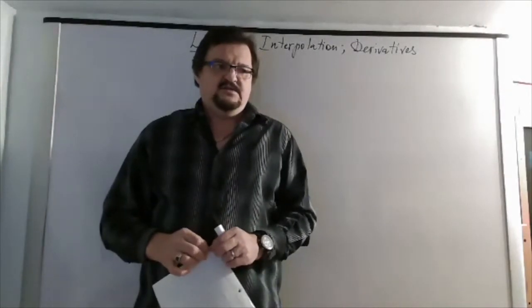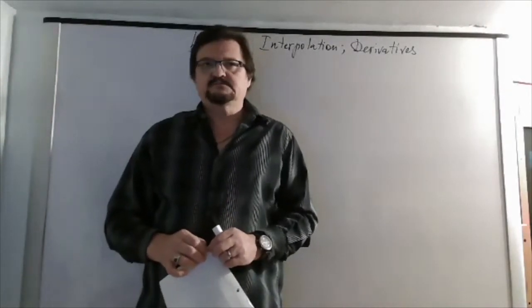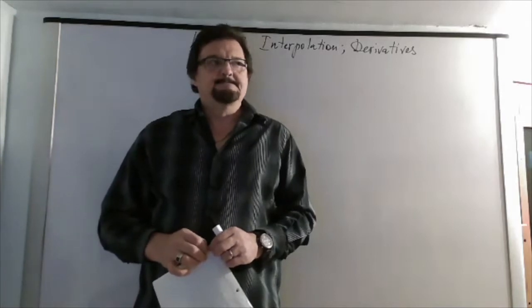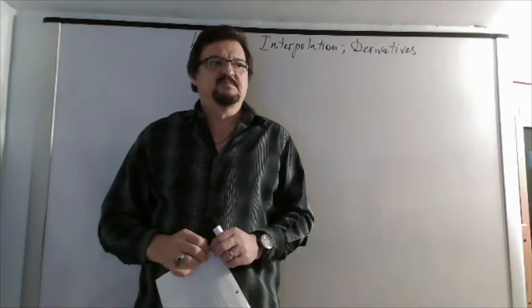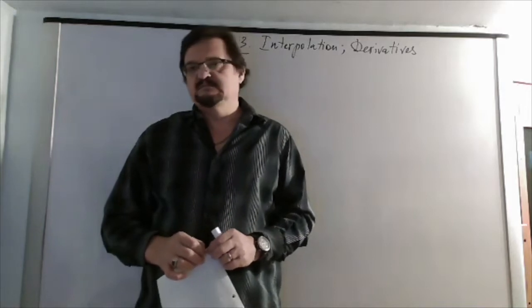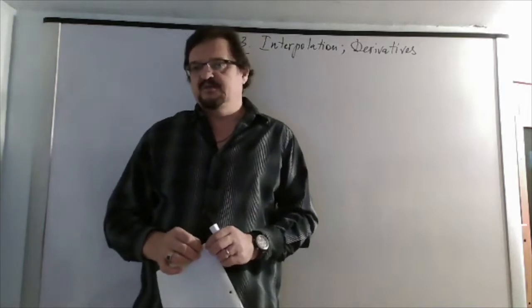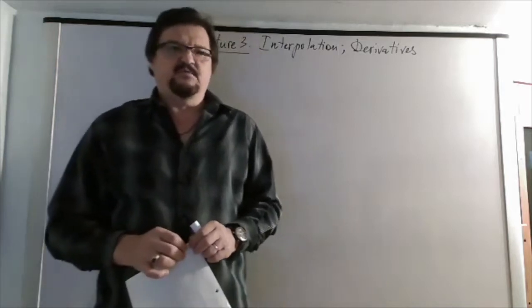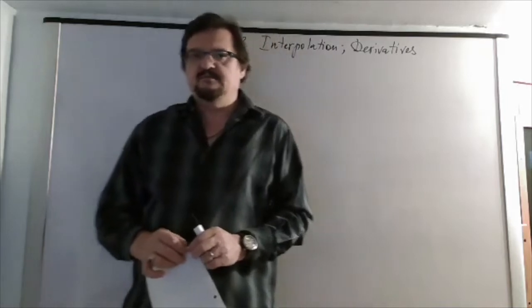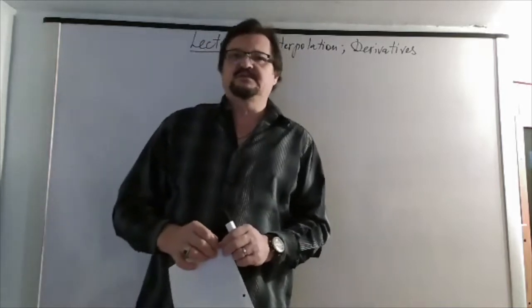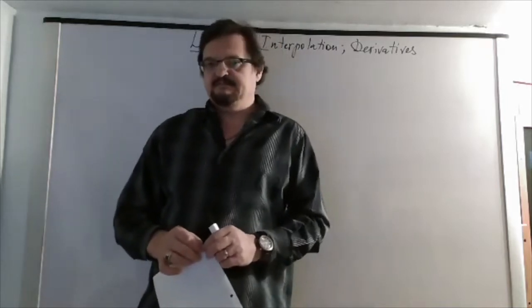There are various ways of doing so, and usually people don't use very high accuracy of interpolation because there are some problems with that. Basically, the most common method is to fit a polynomial through your data.